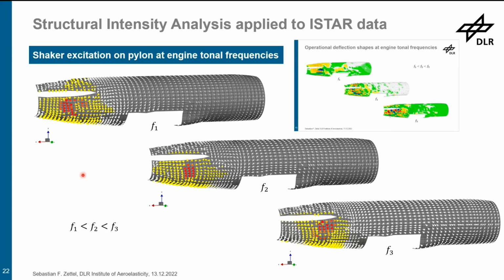And what's interesting is that for all three frequencies, which are a little bit apart, the vector field looks similar, which indicates that the structure has a very high damping through the rivets which hold the structure together. And as I said, the area below the pylon has a very distinct character.